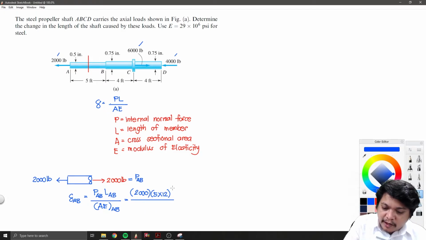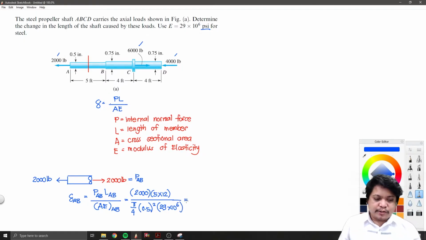Ang diameter is 0.5, so pi over 4 multiplied by 0.5 squared. And then E, kasi PSI pala, so dapat naka-inches siya talaga. So, 29 times 10 to the 6 in pounds per square inch.